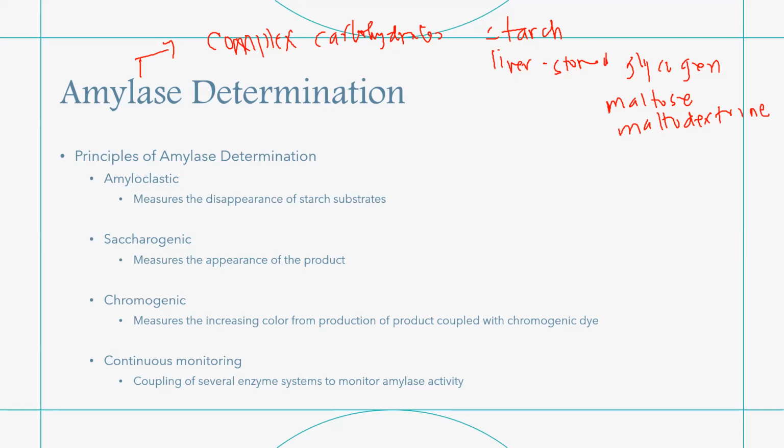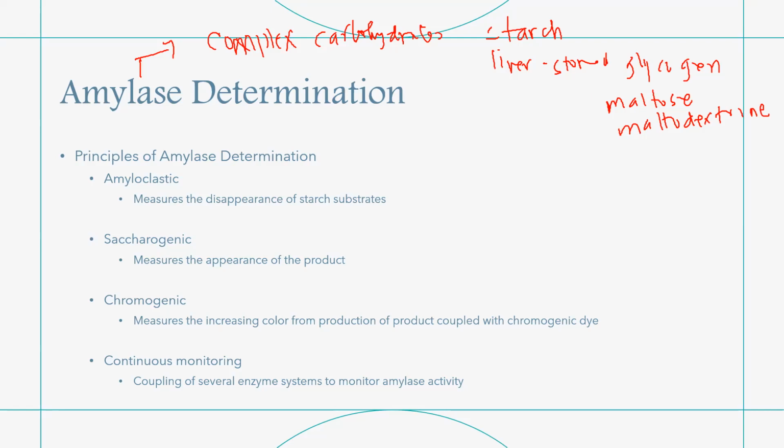Therefore, the iodine is released. On the other hand, we have the saccharogenic method, which measures the appearance of the product. The saccharogenic method for amylase determination uses starch substrates that are hydrolyzed by the action of amylase to its constituent carbohydrate molecules that have reducing properties.